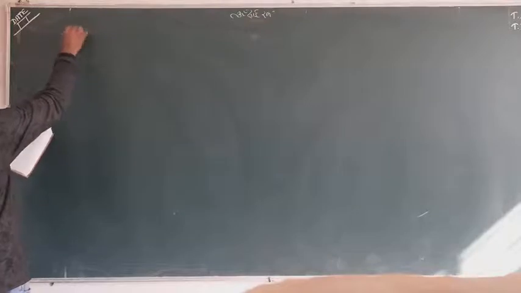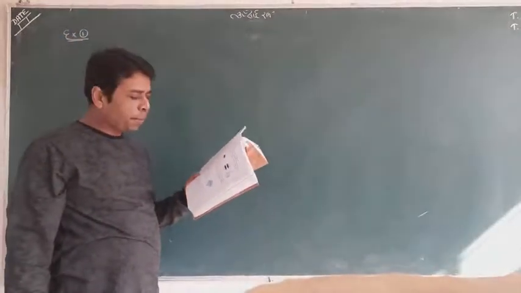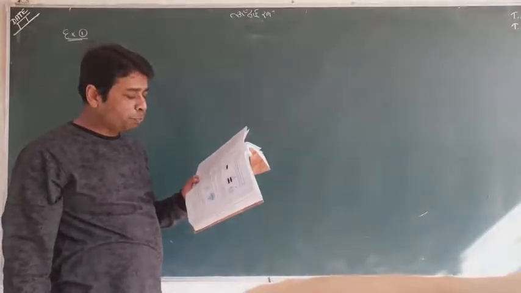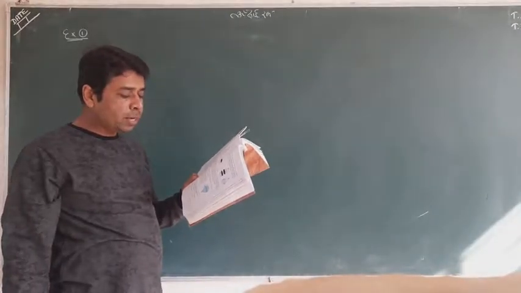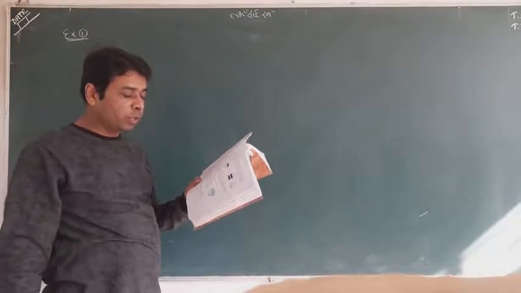Okay, let me explain example number 1. Rashid got a playing top, we generally call it lattu, as his birthday present, which surprisingly had no color on it. He wanted to color it with crayons.